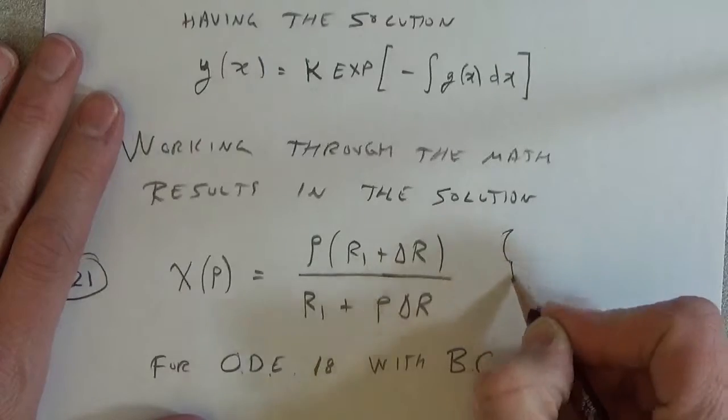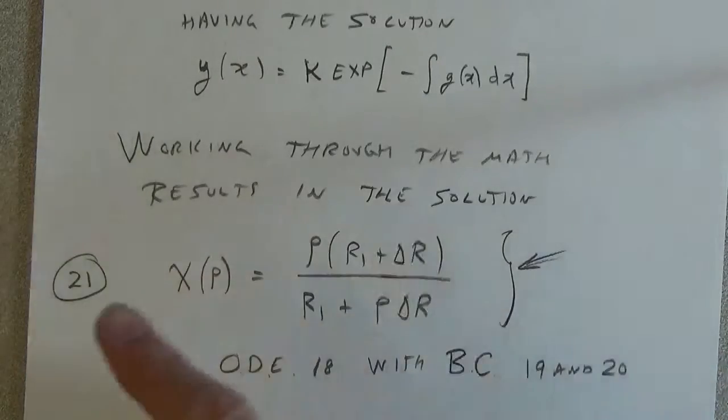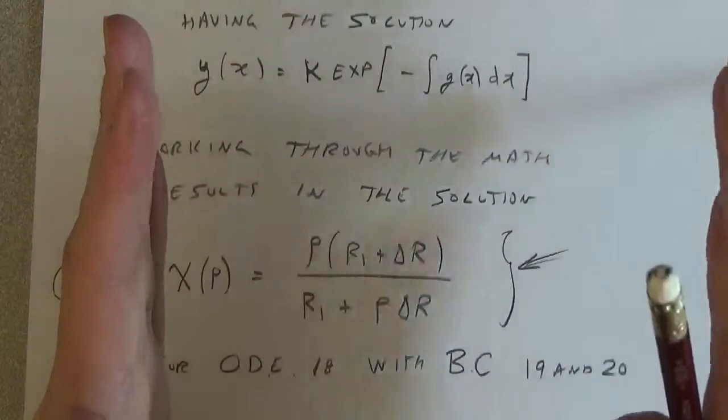And that is the solution. So we can use this to plot the steady state solution for the concentration going from R2 into R1.